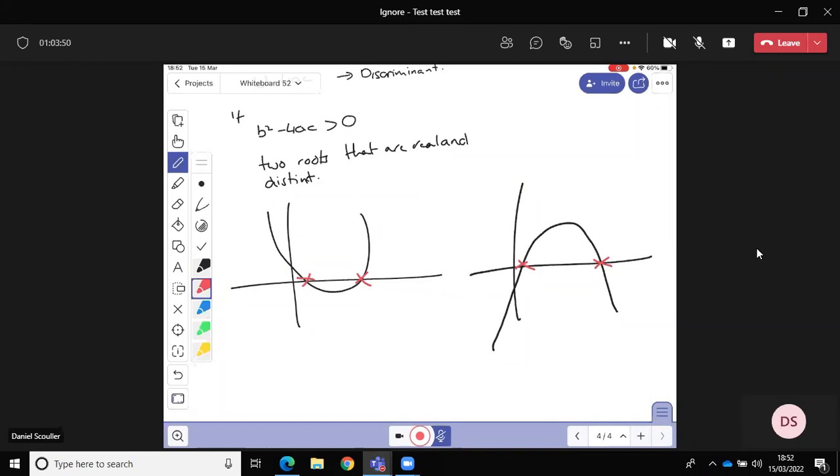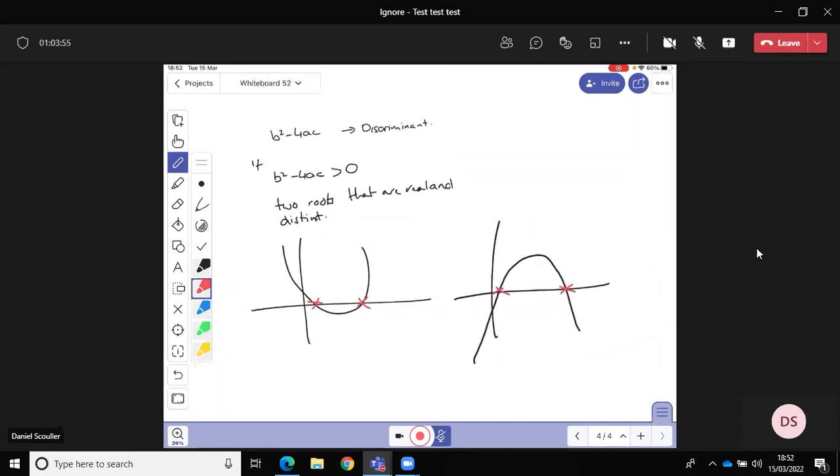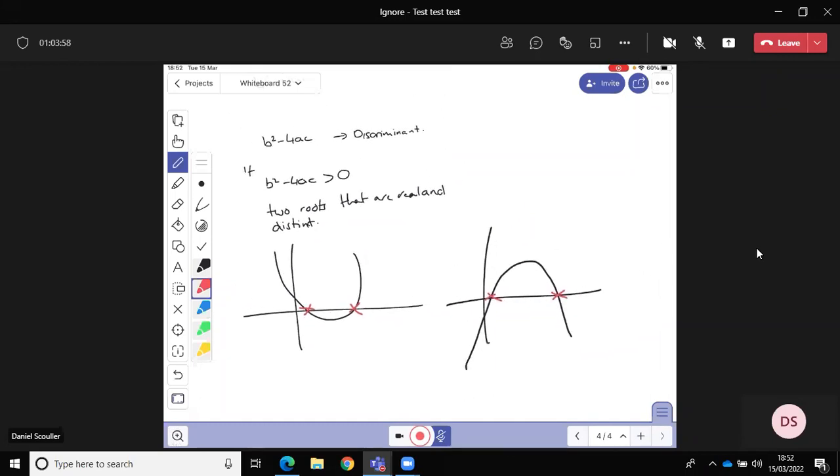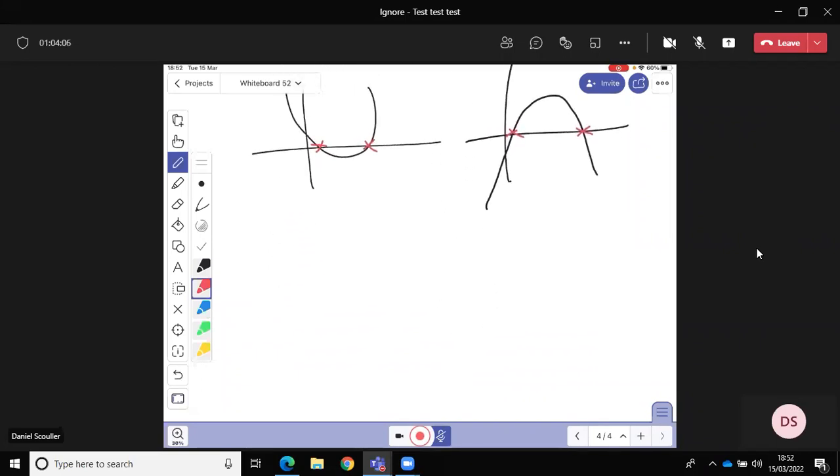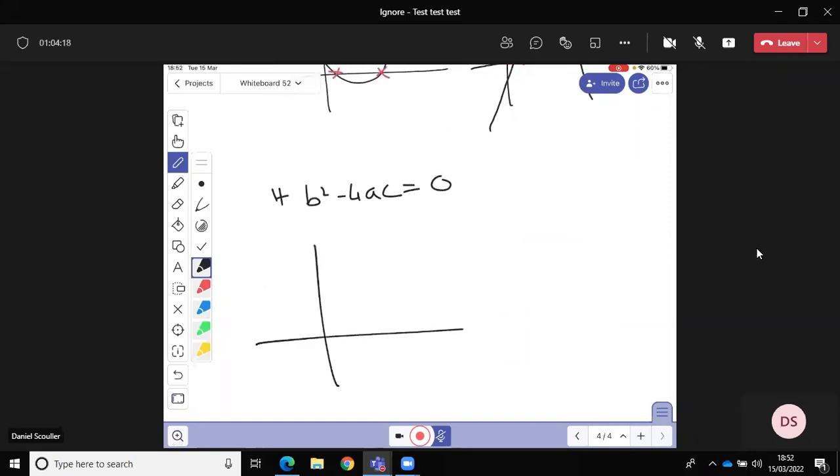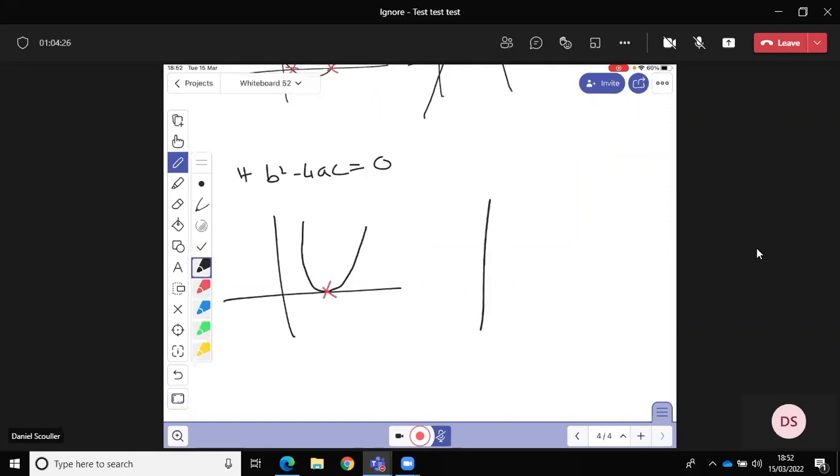Now what usually occurs in that exam is you usually get a question that asks you to describe the discriminant, i.e. say two roots that are real and distinct. Or another way of putting it: if b squared minus 4ac is equal to 0, then it only touches the x-axis like that, or like that.